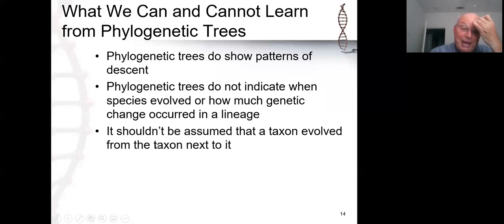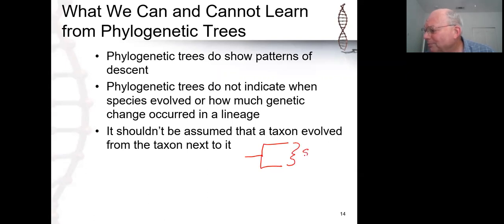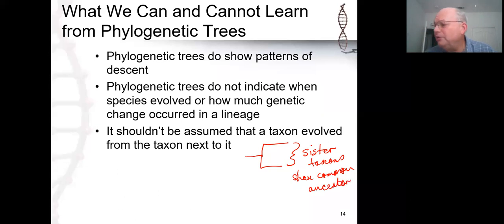I think I've also established this final point. Yes, we do state that sister species do sit next to each other in a phylogenetic tree, but on the basis of the fact that they share a common branch point. So these would be sister taxons, and they share a common ancestor, and therefore a common phylogeny.